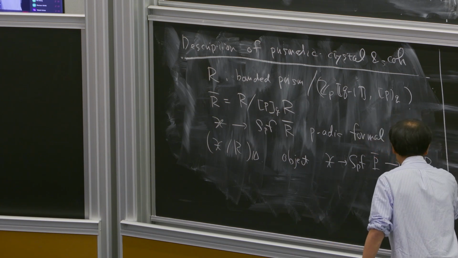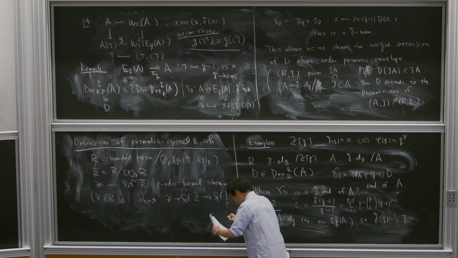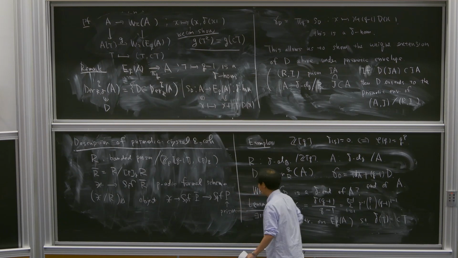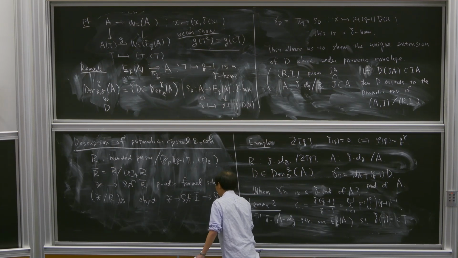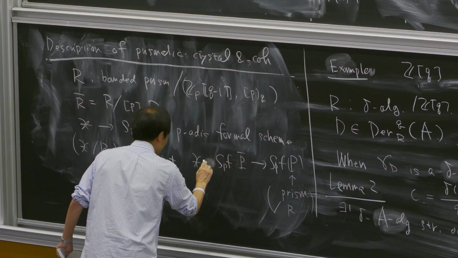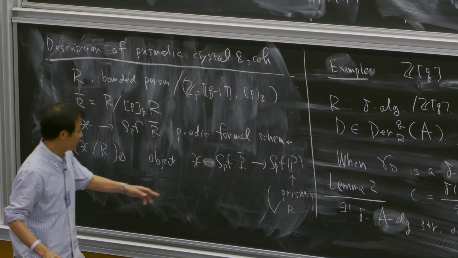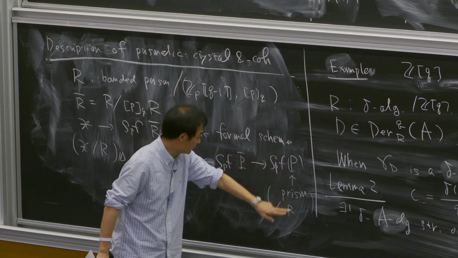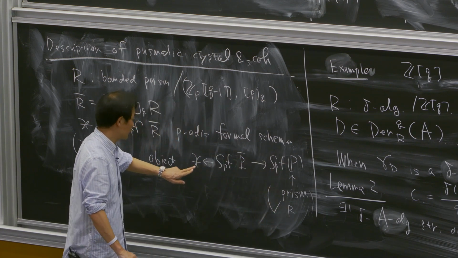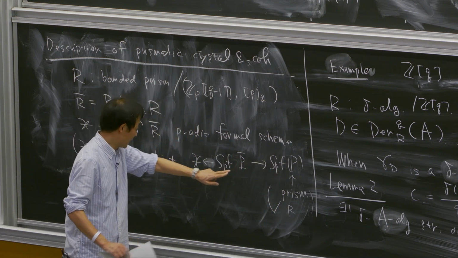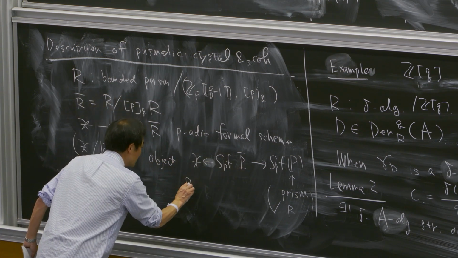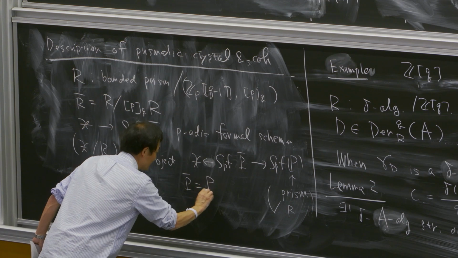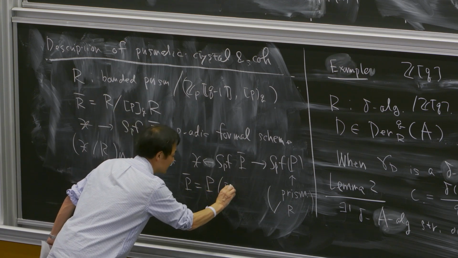So this strange notation: P is a prism over R, and also we have a map. So we are given a prism over R, and we have a map from the formal scheme of P bar to X, and P bar is defined similarly to R bar.